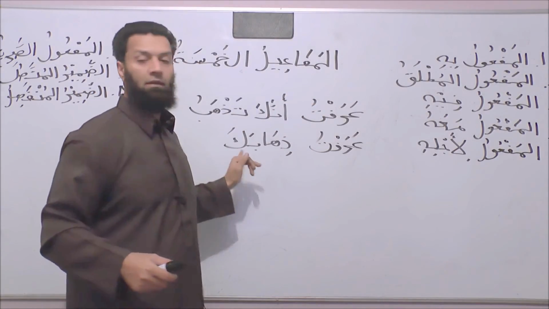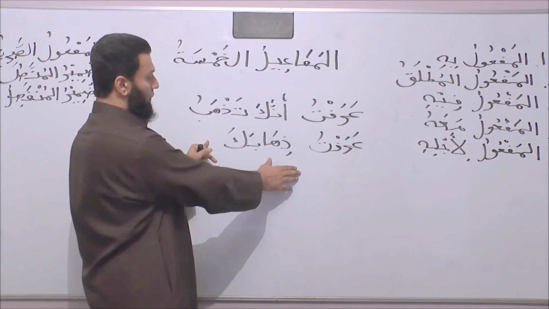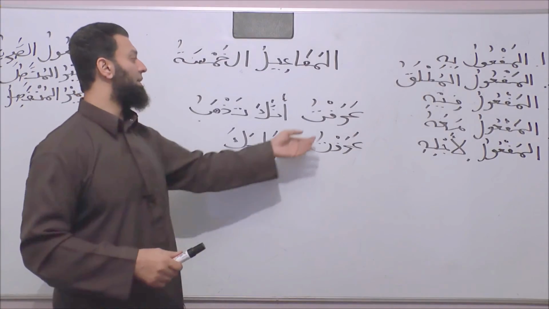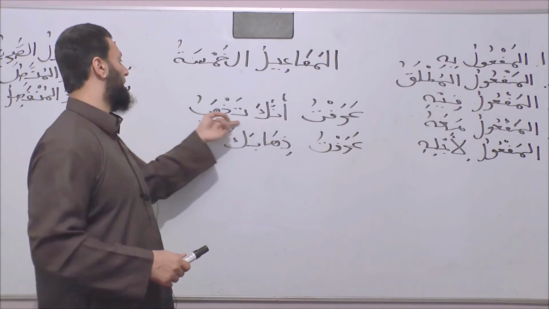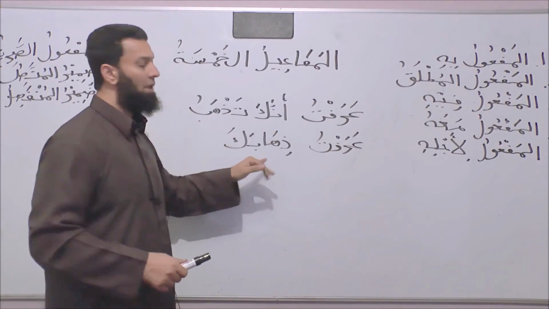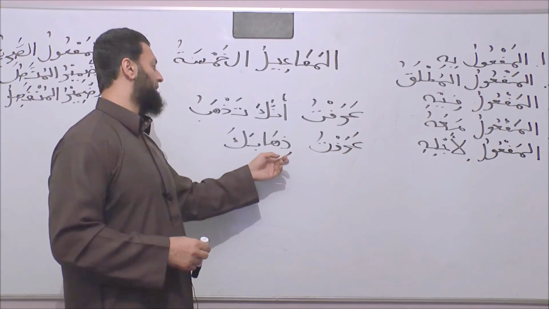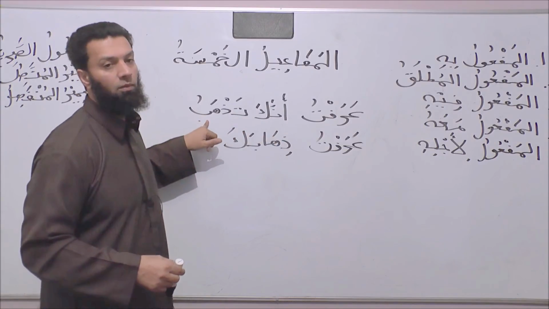Ka is ضمير متصل, you're going. So عرفت ذهابك in meaning is the same as عرفت أنك تذهب. So المصدر المؤول is ذهابك from أنك تذهب.